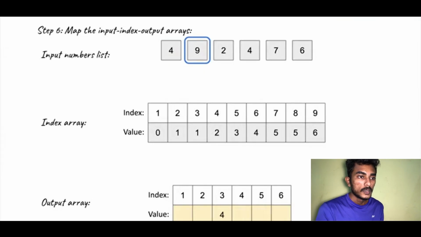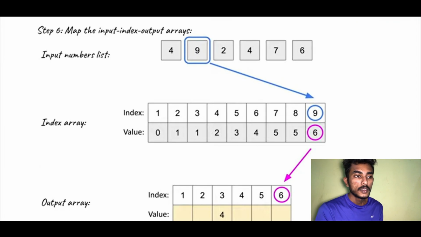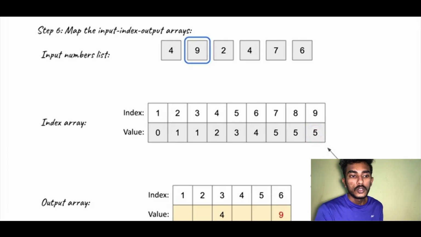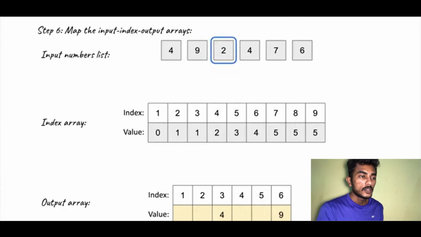So the next one is 9. The value for 9 is 6. You can add the 9 in the output array at index 6 minus 1, that is 5. So the next one is 2.